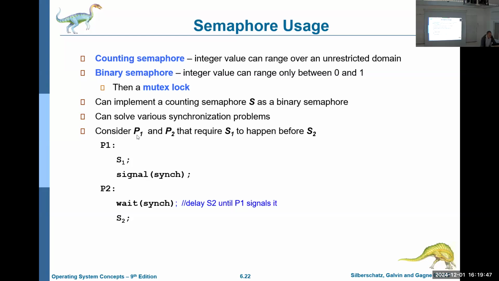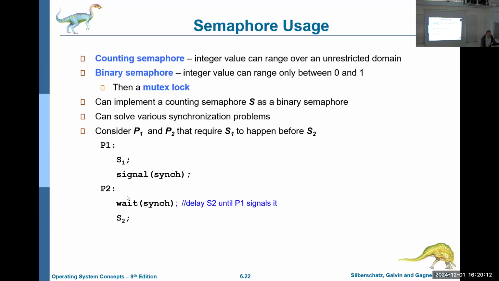Oh, I skipped something. Consider P1 and P2 that require S1 to happen before S2. This is just a use. In other words, I can use this signal-waiting idea, not necessarily for a critical section, but for synchronization. I want S1 to happen and then S2 to happen. How can I do that?